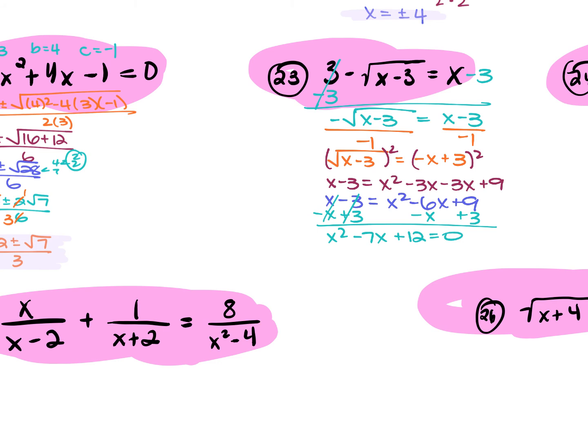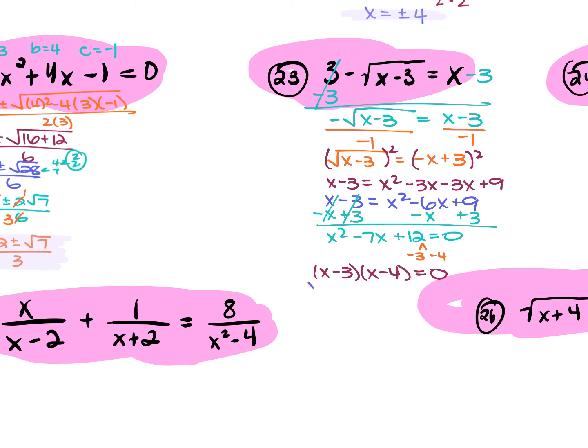Do you have factors of positive 12 that add up to be -7? -4, -3. So this factors out to give you x minus 3 times x minus 4 is equal to 0.